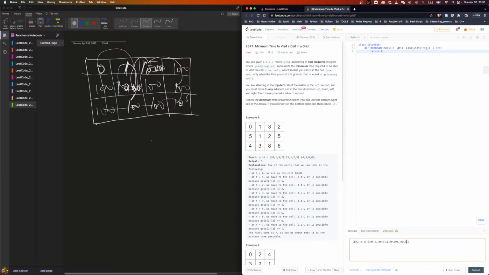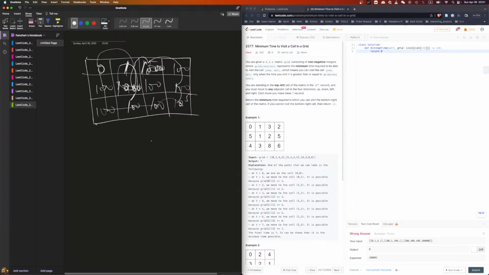Let's say last is 10 to the 5th. Right? 1, 2, 3, 4, 5. Then the answer shall be 10 to the 5th for this one. Well, I mean, it depends. If we hit here is 10 to the 5th minus 1.